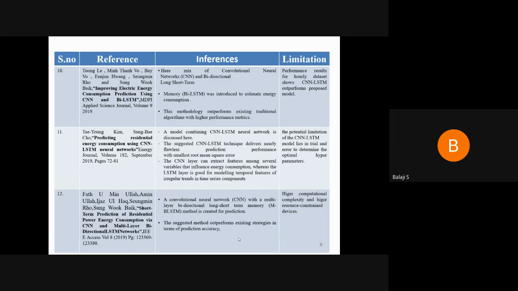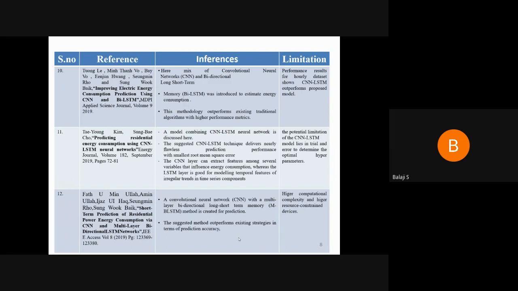The potential limitation of the CNN and LSTM model lies in trial and error to determine the hyperparameters. Hyperparameters are considered important parameters. Since a trial and error method is implemented, this is considered a limitation.